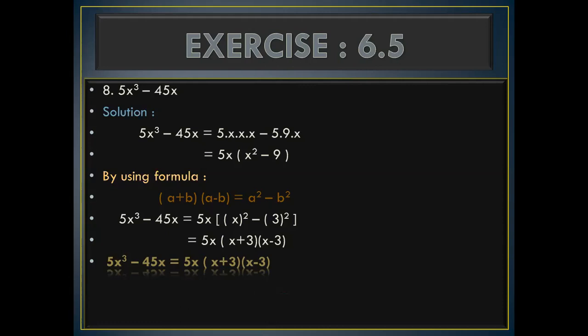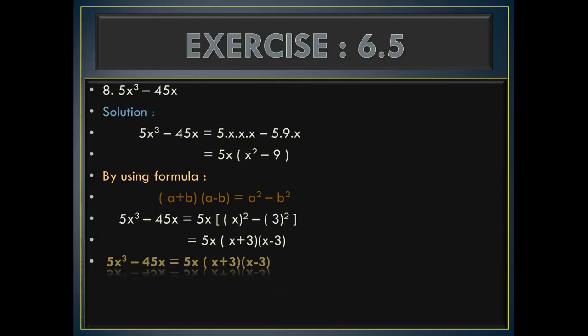And it is the same as we did in question number 1. x square minus 9: x square is the square of x, and 9 is the square of 3. a is x and b is 3.